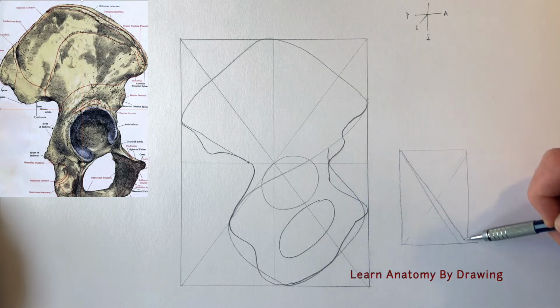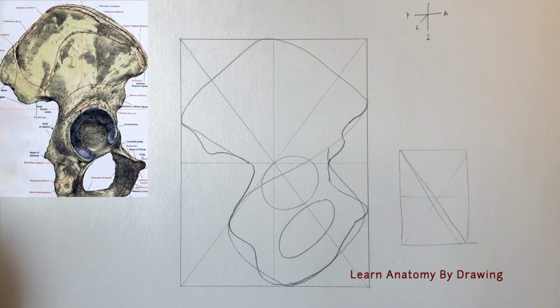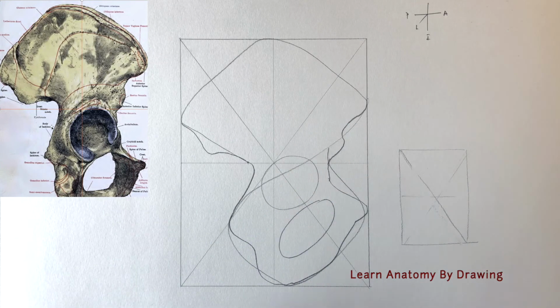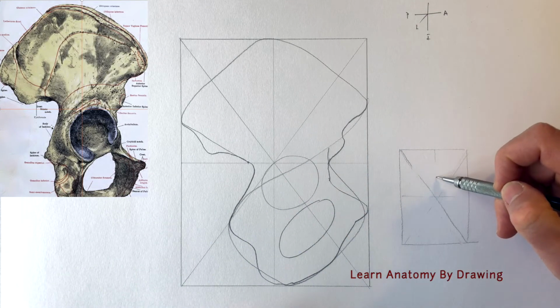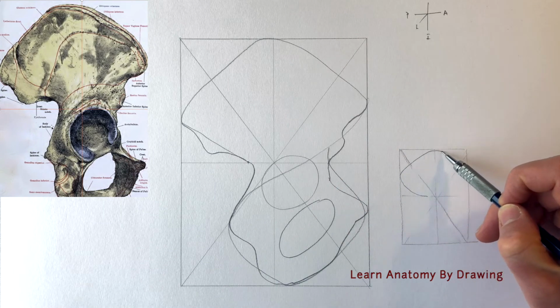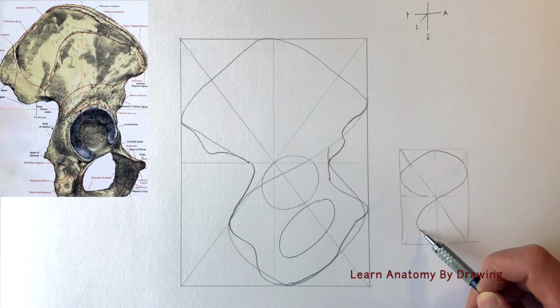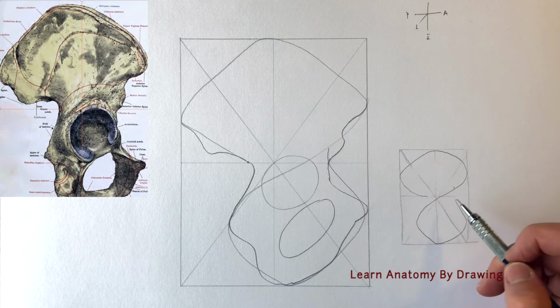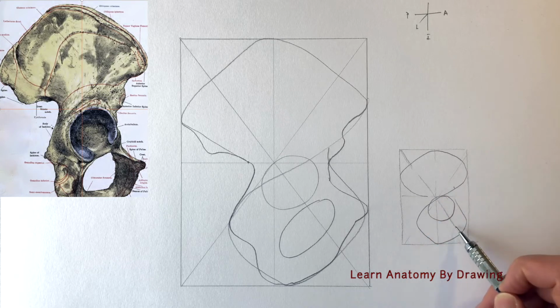Oops, doesn't have to be too right. Just get rid of that line. And down the middle here. Alright, I've got that bit's easy. Come across, down and up. Put in our acetabulum.